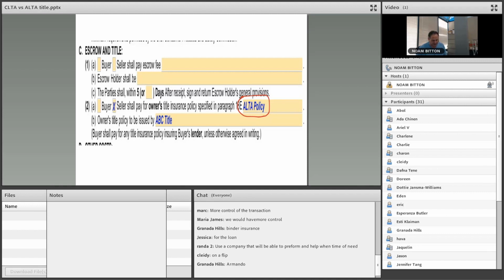So that's very, very important. So once we decide that this is the place we are addressing this issue in the purchase agreement, let's start talking about what's the benefit, what's the advantage, and so on.